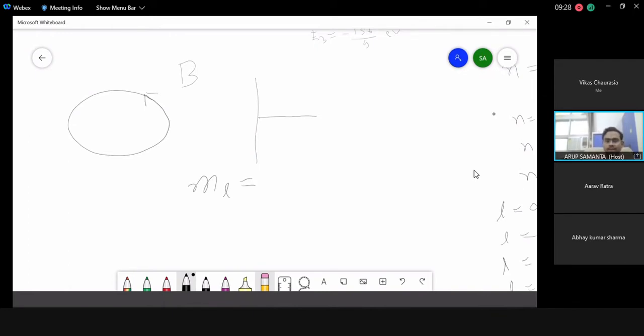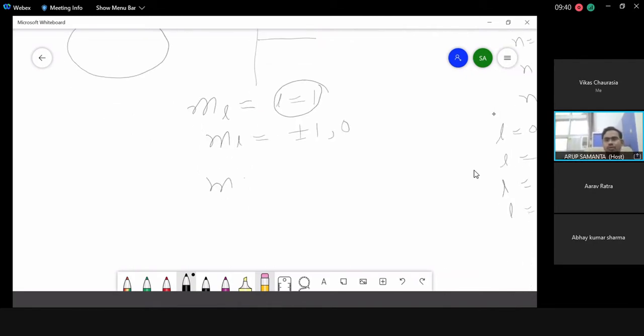For l equal to 1, ml should be plus minus 1, 0. In general, ml should be plus minus l, plus minus l minus 1, plus minus l minus 2, up to 0. This is the ml value in general.